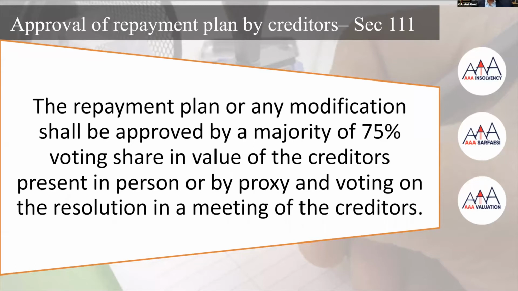This is entirely different from the CIRP process. In CIRP, 66% is required for approval of a resolution plan. Number two, all creditors would be considered as 100, and 66% of that 100 would be calculated.